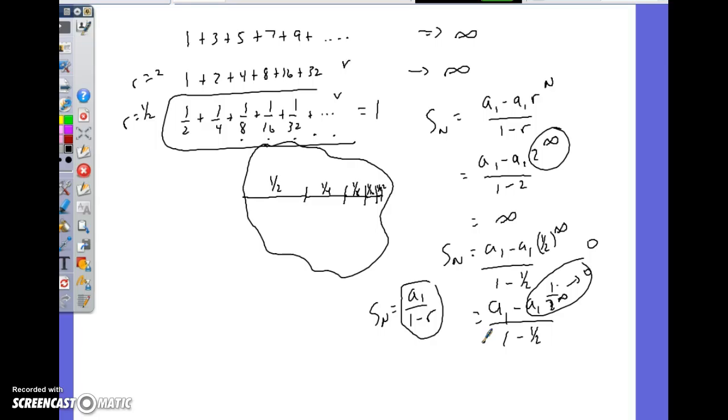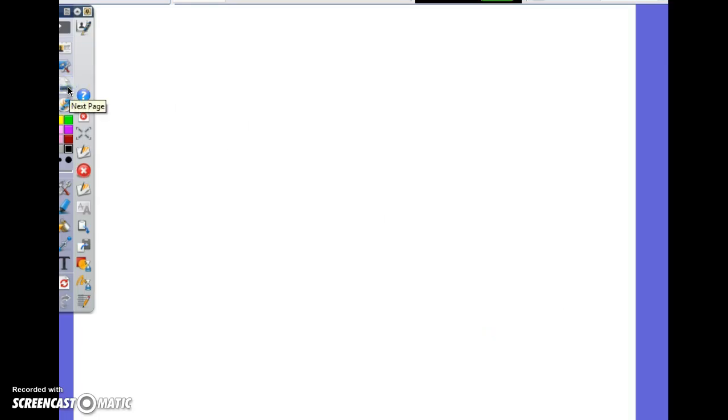So, to paraphrase, an arithmetic series always blows up, goes to infinity. If, on the other hand, the common ratio for a geometric series has an absolute value greater than 1 or equal to 1, then this thing goes to infinity.